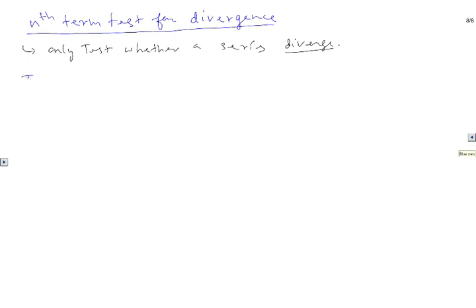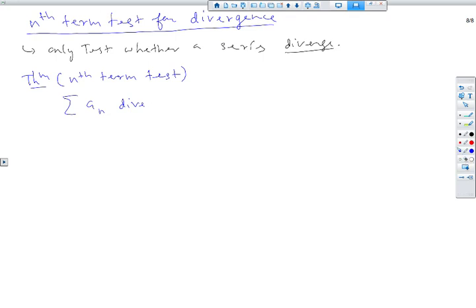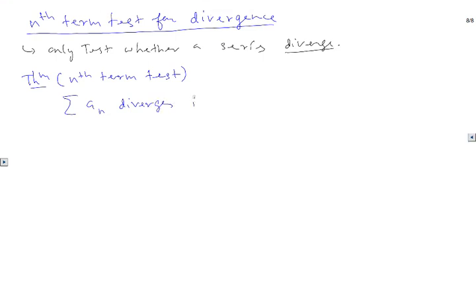So what the result says, the theorem, what we call the nth term test, says that the series sigma a_n diverges if the limit of the nth term is not equal to 0.